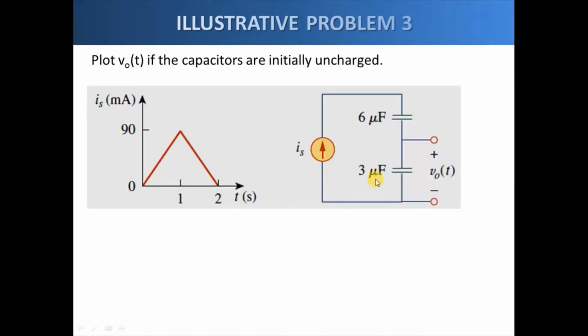Now, in our third example, we have two capacitors, 6 microfarad and 3 microfarad in series, and flowing towards the series combination is the current I sub s, defined as this graph. And then we're being challenged to find what is the voltage across the 3 microfarad capacitor.